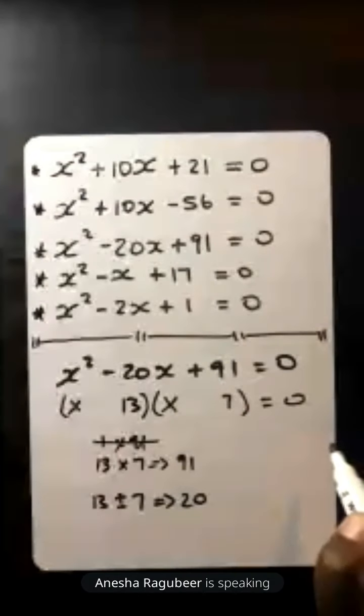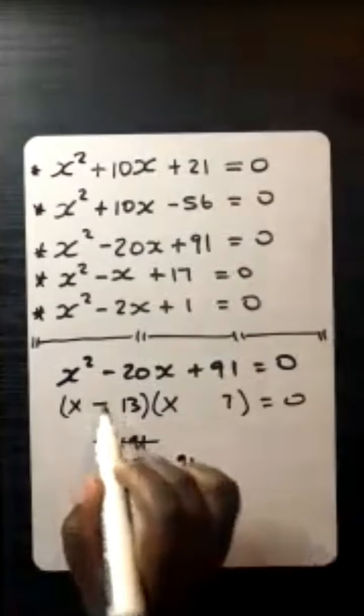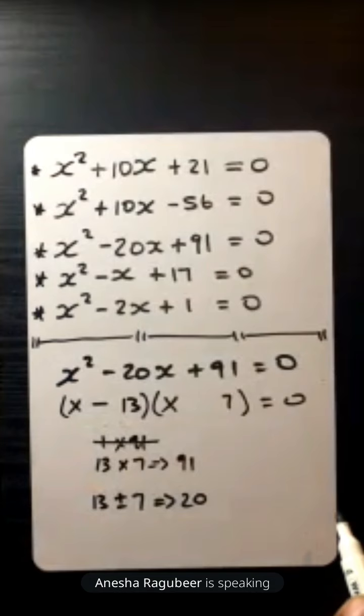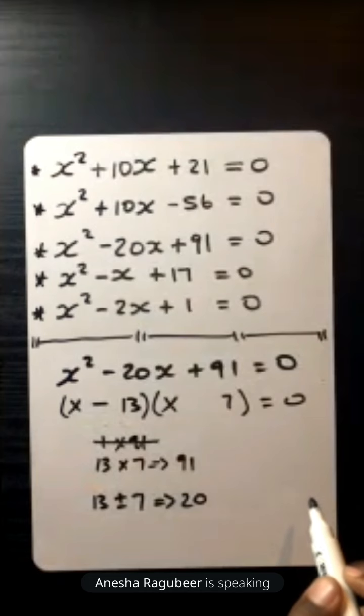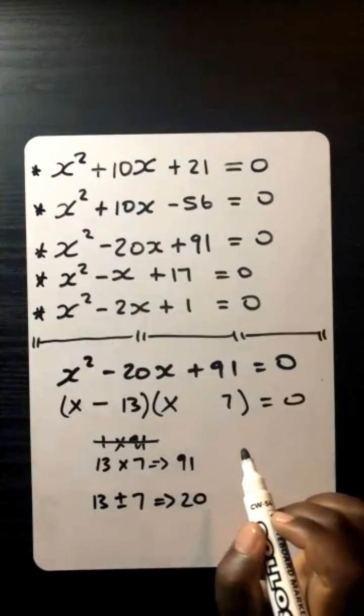And since 13 is the biggest number, it has to take the sign of the middle term, which is the negative sign. And then we have to see whether to get a positive or minus sign for the 7. We have to say 13 plus or minus 7 will give us 20, which is 13 plus 7 will give us 20. So a positive sign will go in the second bracket.